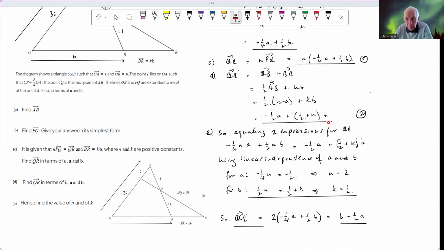That's part C. That's part D. And then in E, we found n and k. It doesn't actually say, therefore, what is QR, but we can find QR just by using those values of n or k. I think I've actually used that one there. Then we get this. QR equals b minus half a.